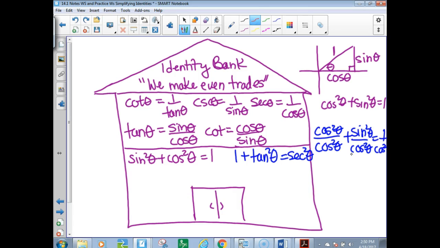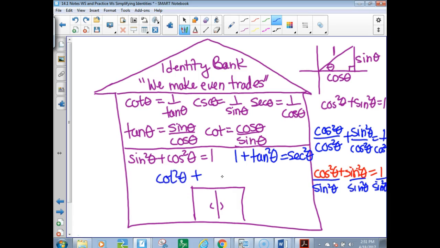Now, instead of dividing everything by cosine, I'm going to do it again. I'm just rewriting the identity: cosine squared plus sine squared equals 1. And now I'm going to divide it all by sine squared. You don't have to write this. I'm just showing you where a couple of identities come from. Cosine over sine is cotangent, so this would be cotangent squared theta.